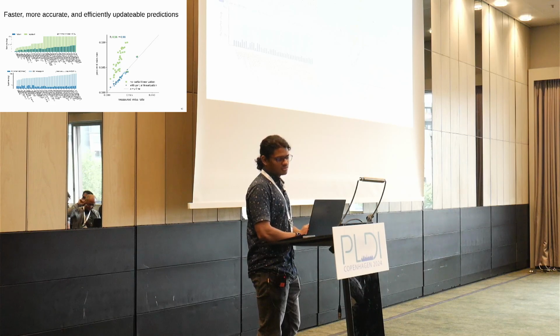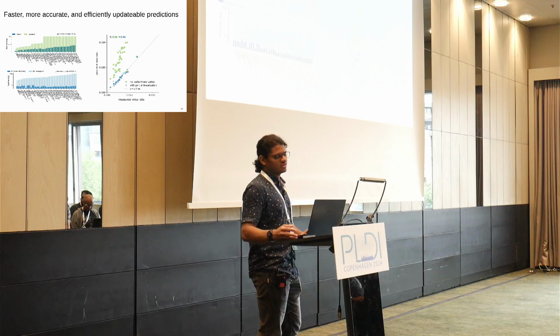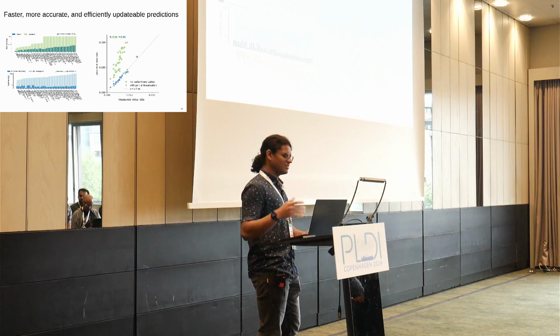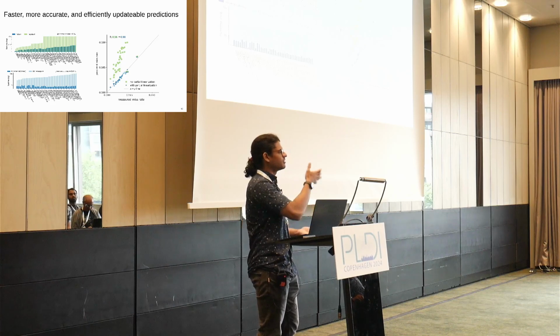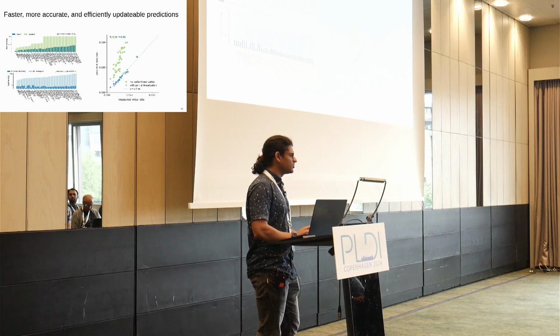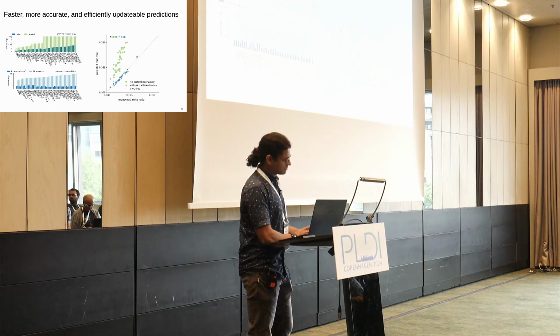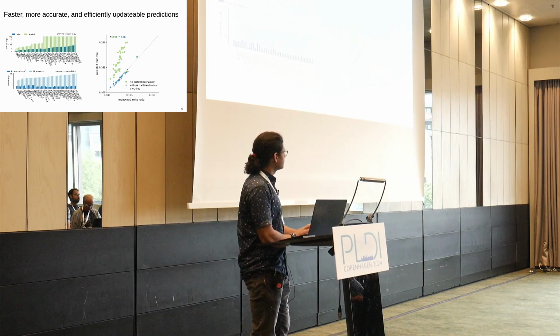We implemented this in the MLIR framework, so you would have to give the model the program after you've done the optimizations. I don't know if that answers your question. Yes, thank you very much.